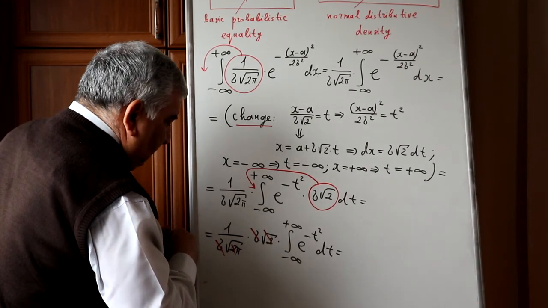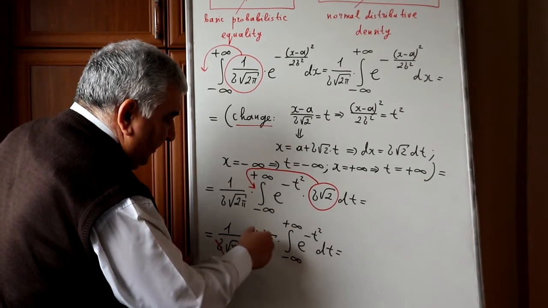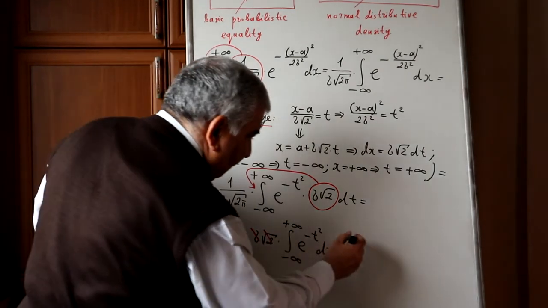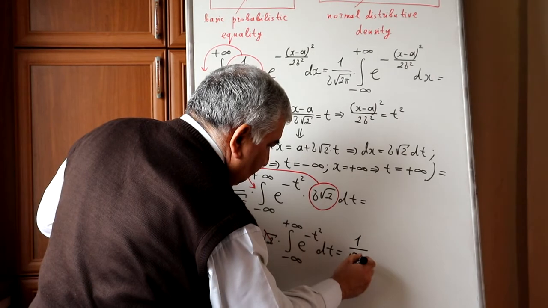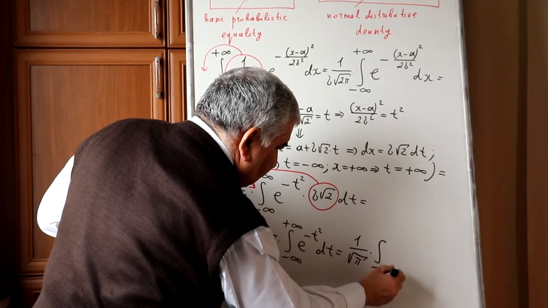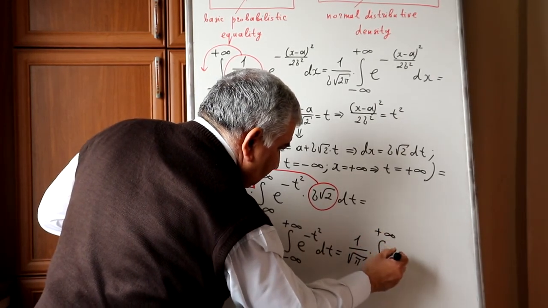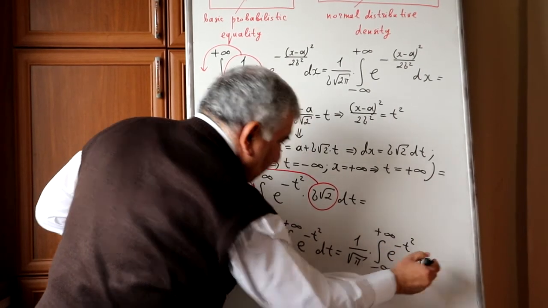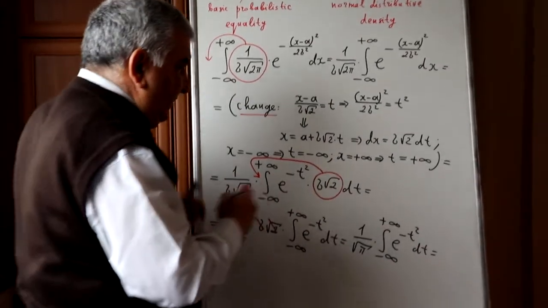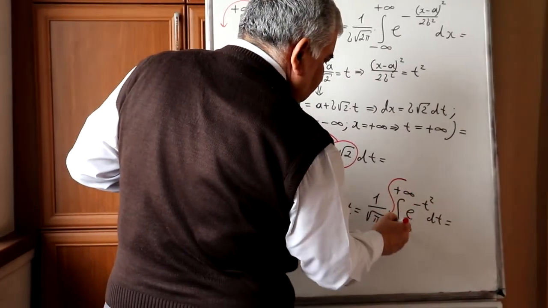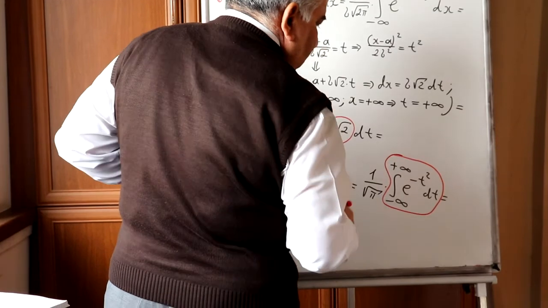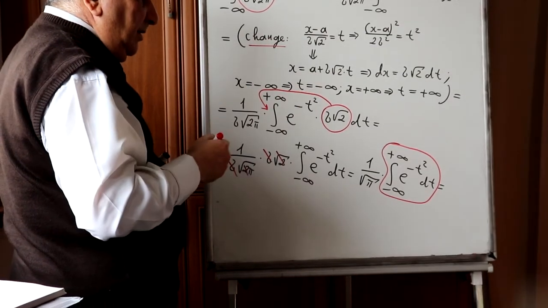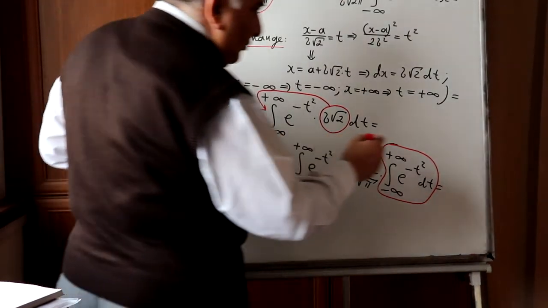And here in front of the integral we have only 1 over square root of pi, multiplied by the integral from minus infinity to plus infinity of e to minus t squared dt. But you already know that this integral is the known integral from calculus, and it is square root of pi.